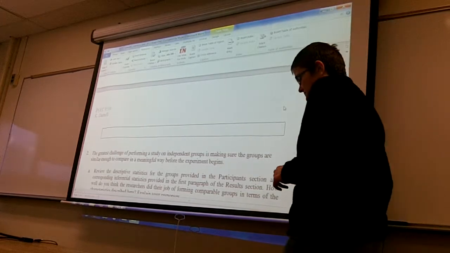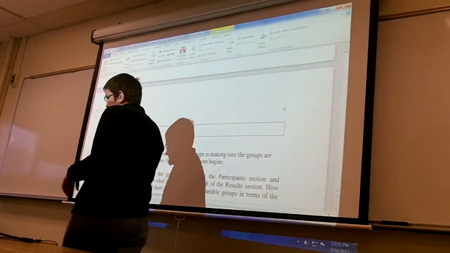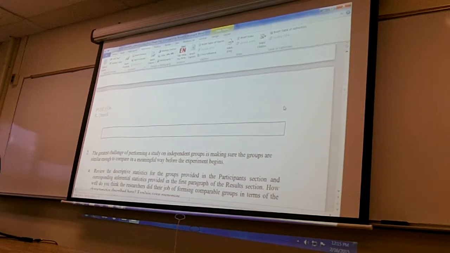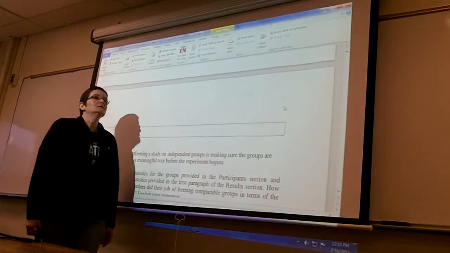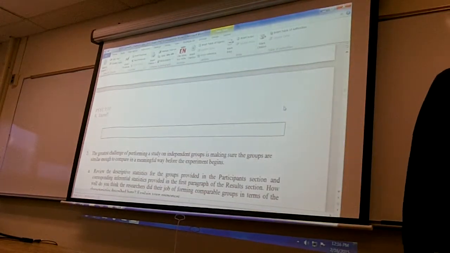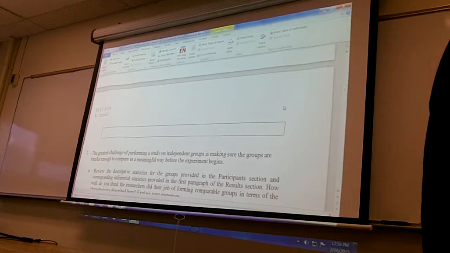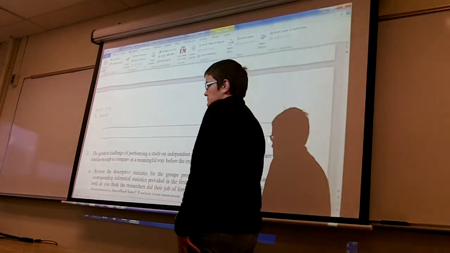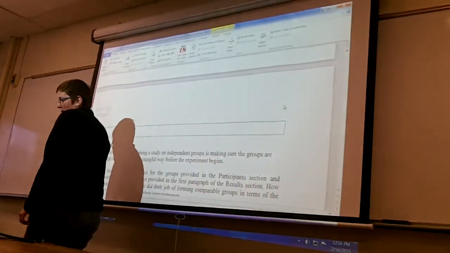Well, that's why I picked the manipulated variable. So do you think the teaching approach, do you think that they could, I mean, so you're thinking, did they randomly assign whether they did one in spring and one in fall? Well, I know there was no randomization as far as the participants, period.